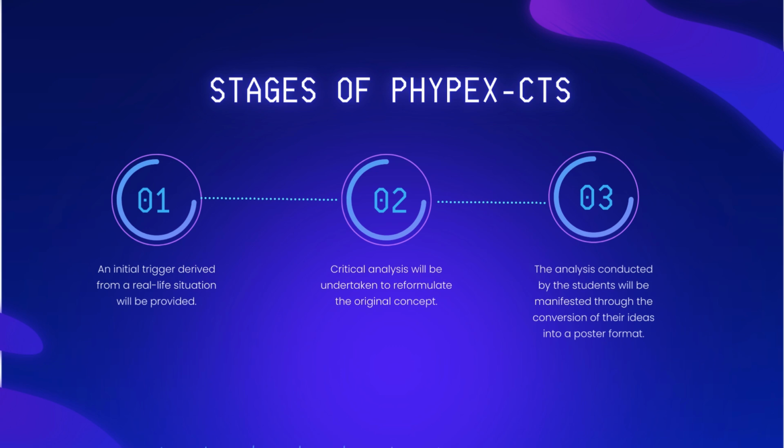The initial stage involves a briefing and the introduction of a trigger based on a real-life situation related to physics concepts, accompanied by a set of questions for exploration. Students are briefed on the flow, stages, structure, and timeline of PhyPEx CTS. In the second stage, students engage in self-directed learning, researching ideas and learning issues from reliable sources.